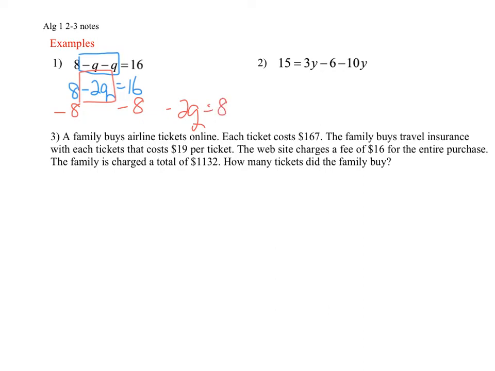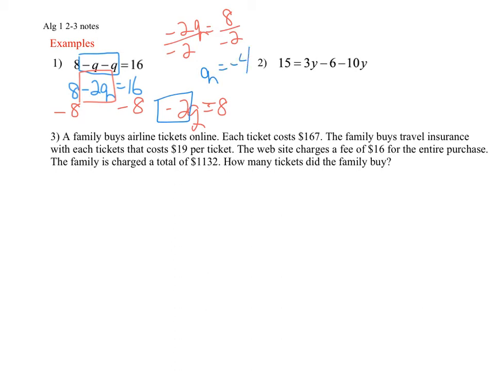Then all we have to do is divide each side by negative 2, in order to get rid of this negative 2 that's sitting right here. Then I'm going to be left with q is equal to negative 4.